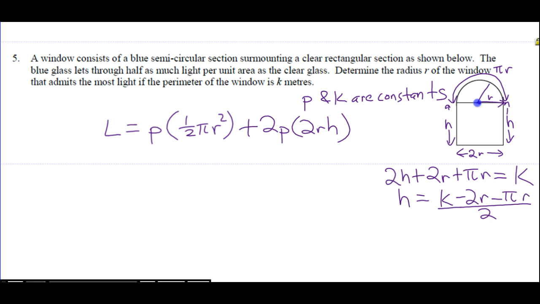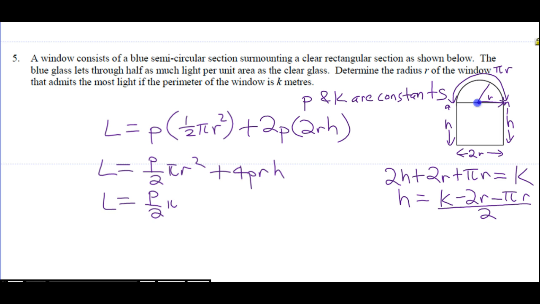And we're now going to substitute that in here for A. Well, let's simplify what we've got here for L, so the amount of light coming in. So we've got P over 2 pi r squared plus 4PRH. Okay, so let's get rid of the H. We're going to do that by substituting this expression.